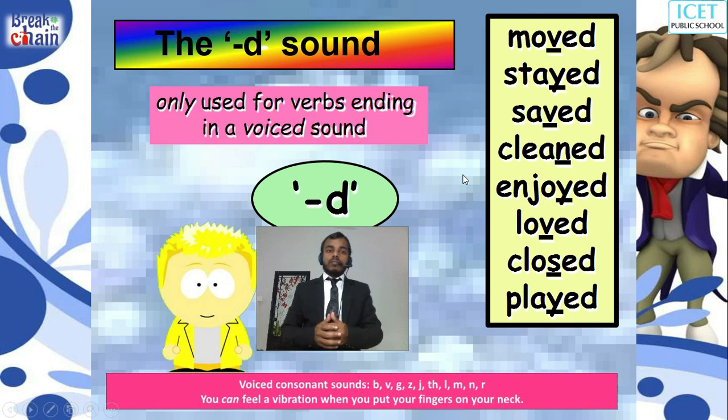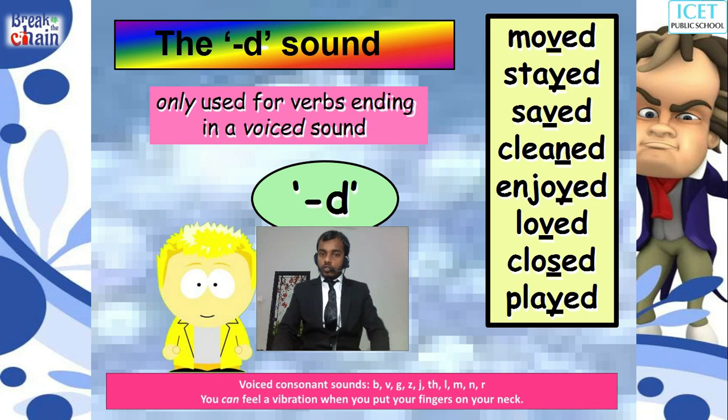Some words that end in d sound, only used for verbs ending in a voiced sound. So voiced and voiceless sounds we will learn in pronunciation. I don't know whether you have learned it before, but some words we will pronounce only with d. For example, moved, moved.